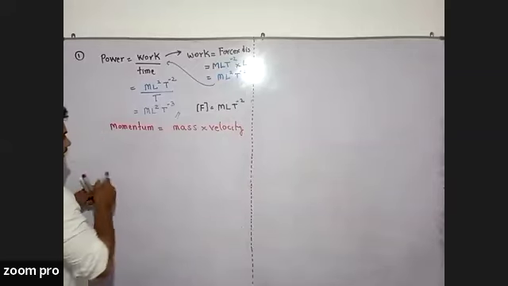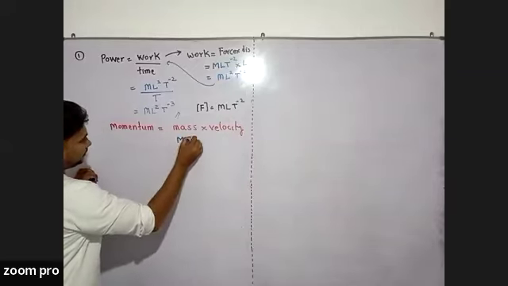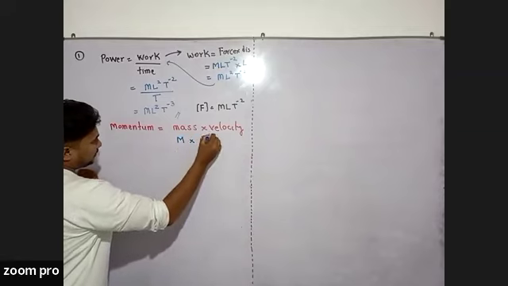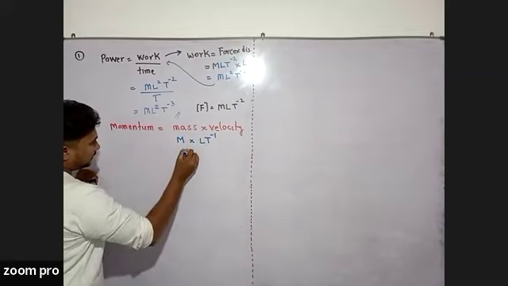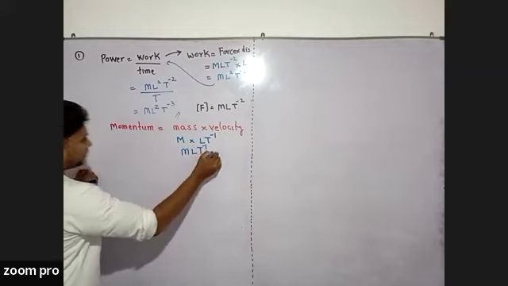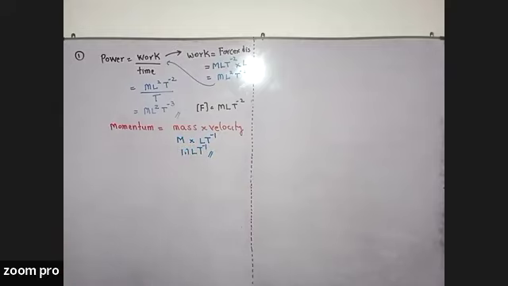Mass into velocity, then mass means capital M, velocity means LT minus 1. Then this is the dimensions of the momentum. So that is the answer to the first question, right? Then let's move to the second one.